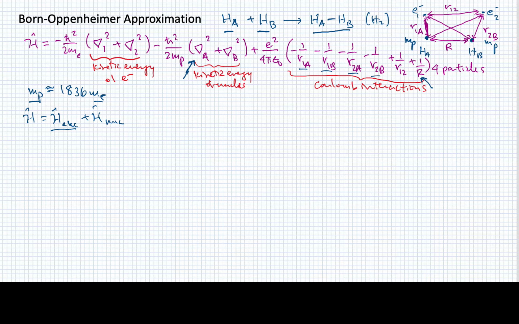And so all of the electronic Hamiltonian, all of this part, really is a function of that internuclear distance. We're going to treat it as a parameter that adjusts slowly over time. The nuclear part of the Hamiltonian is only going to be a function of these internuclear distances, because the electrons are moving so fast.